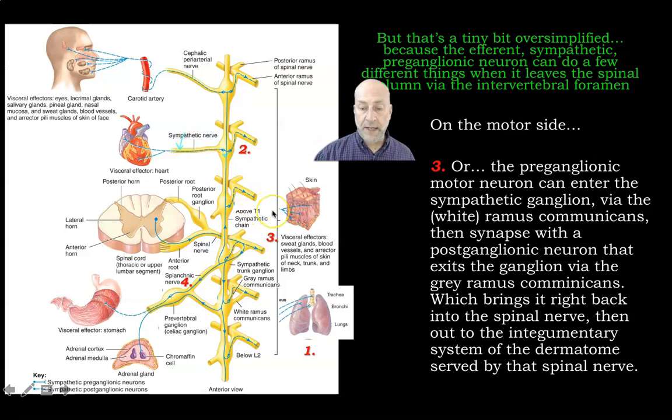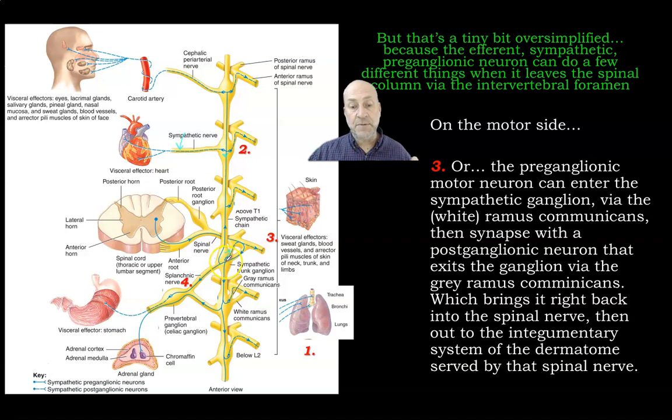What about 3? Well, 3 is this funny loop, all right? You're coming out the anterior root, same thing. You come through on the white ramus communicans, right? Or ramus communicans, singular. Then you synapse inside the trunk ganglia, and then you head right back on this dotted line, and that's a postganglionic neuron. And that's the gray ramus communicans, right? It's unmyelinated. So the white ramus communicans is myelinated because we know preganglionic neurons are myelinated.